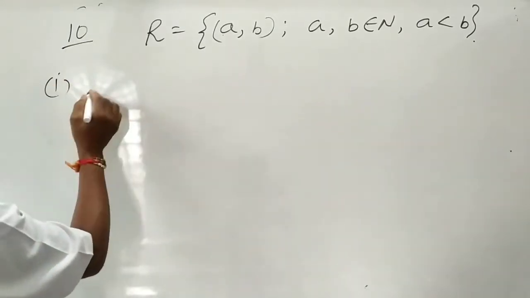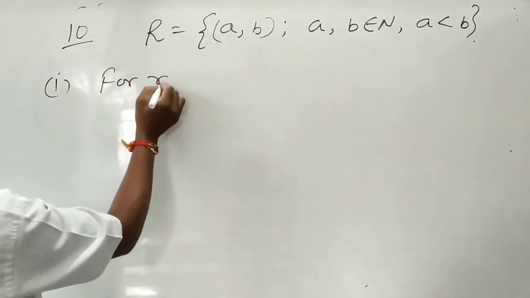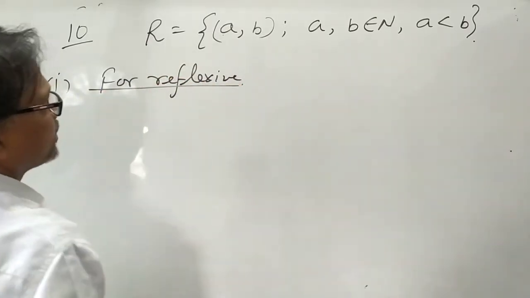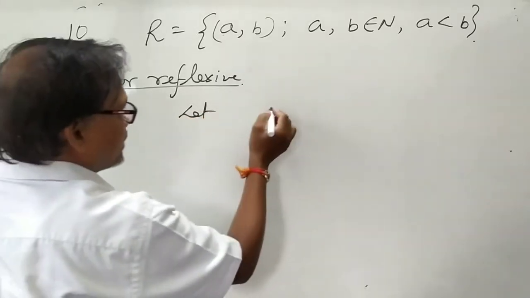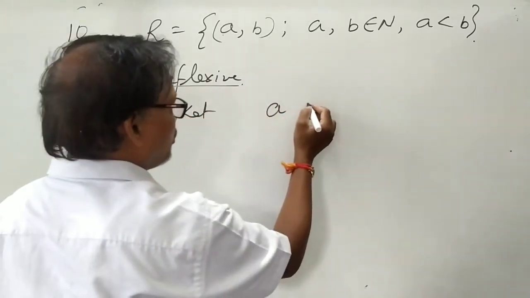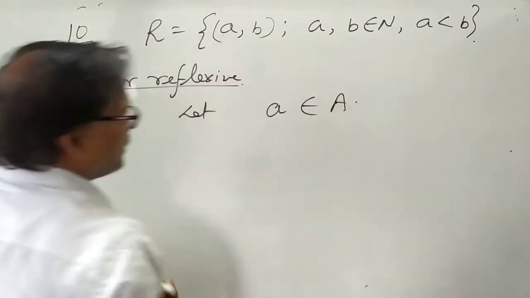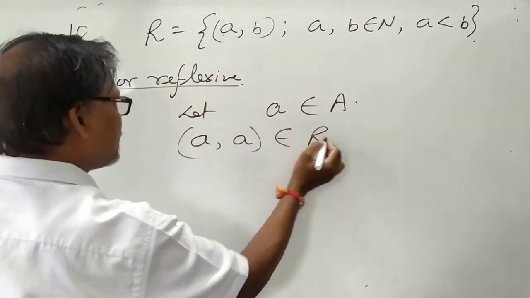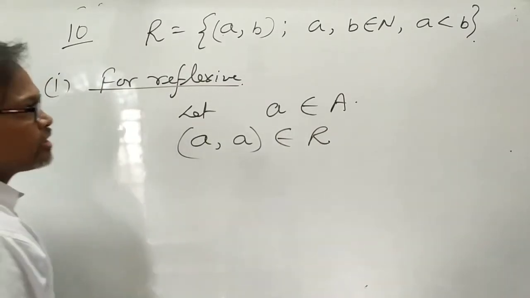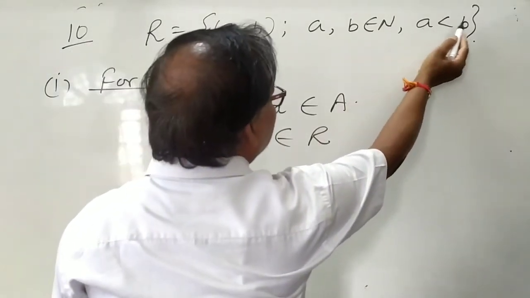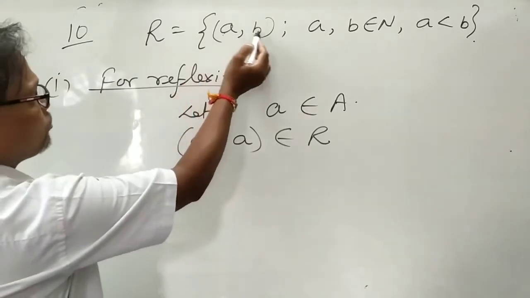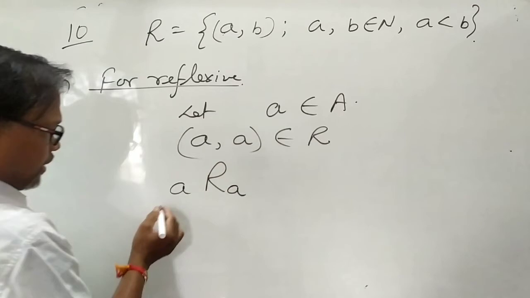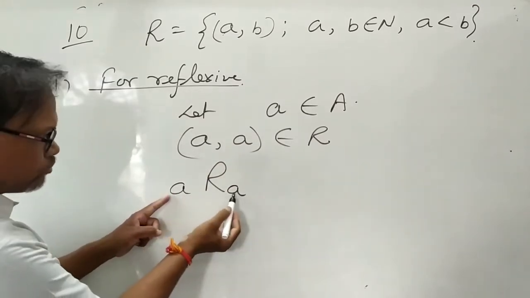तो पहला हम लेते हैं for reflexive. Let कोई भी एलिमेंट लें, a belongs to set A. तो इसका मतलब (a, a) belongs to set R. But what is the condition? a is less than b. यानी कि ये जो related है, where (a, a). क्या a अपने से less हो सकता है?